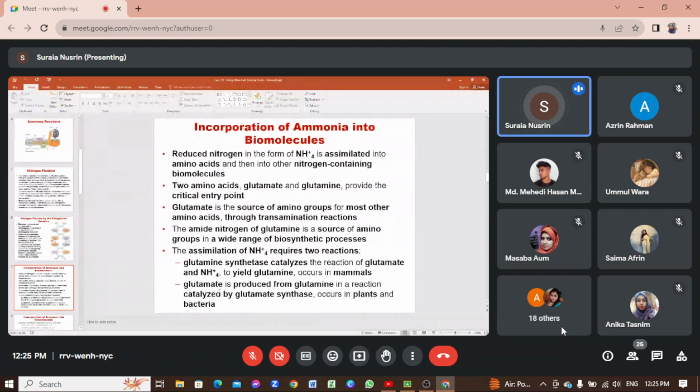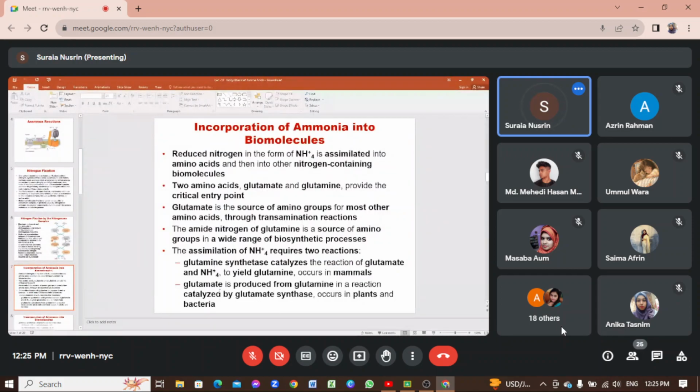During this assimilation of ammonia into amino acids or nitrogen containing biomolecules, 2 amino acids are functioning: glutamate and glutamine. If you remember, during the catabolism of amino acids, we learned that these 2 amino acids function in the collection of amino groups from all the different tissues of our body.